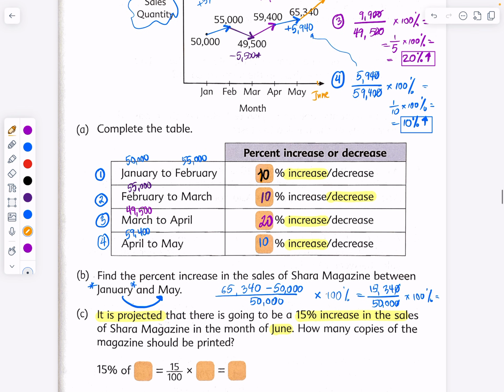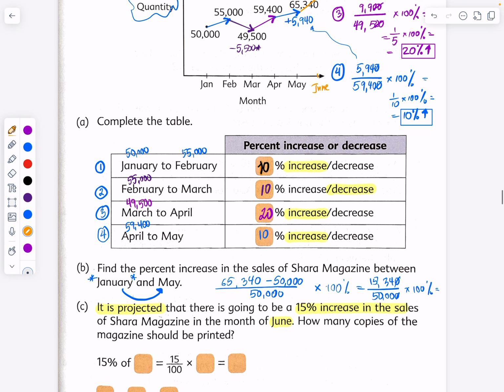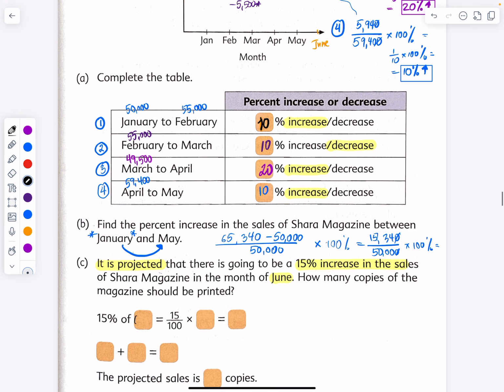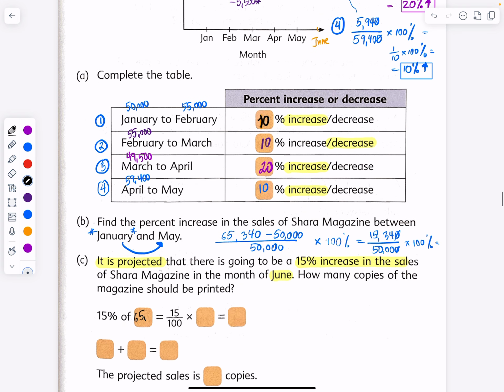Well, this is not a percent increase question. They're just saying, well, what do we have in May? We have 65,340. Well, that is our benchmark, right? We're comparing it to May, 65,340 copies. Well, what is 15% of that?